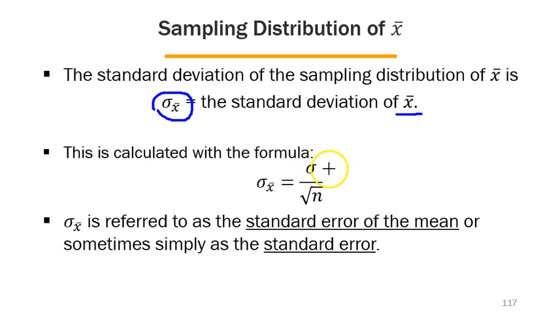It is the population standard deviation, sigma, divided by the square root of n. This formula is referred to as the standard error of the mean, or sometimes people simply say standard error. It gives us the standard deviation for the distribution of sample means.